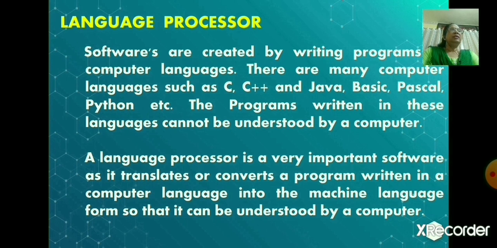So children, last year we had learned, remember, HLL and LLL. HLL stands for high level language and LLL stands for low level language. High level language means what? Which we can understand, the computer cannot understand. And low level language means what? Which the computer can understand, we cannot understand. Right? So the language processor is a must.